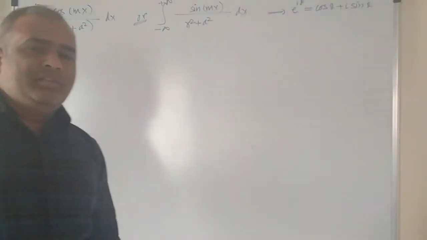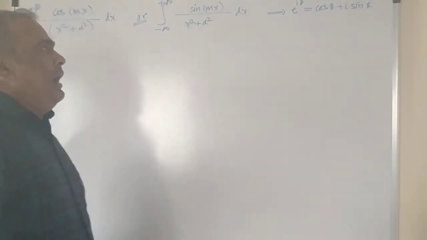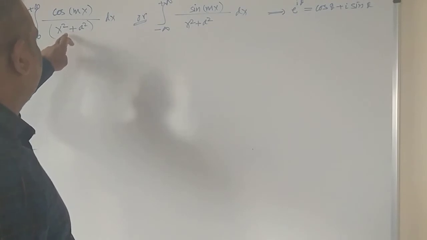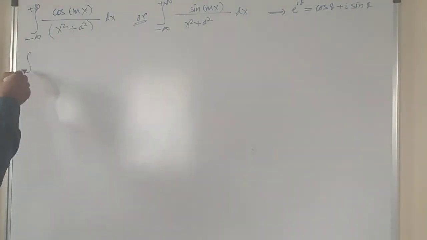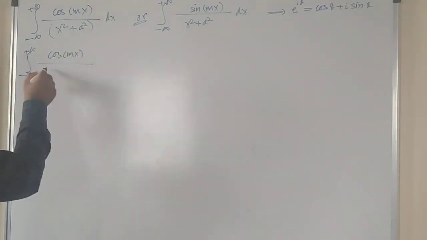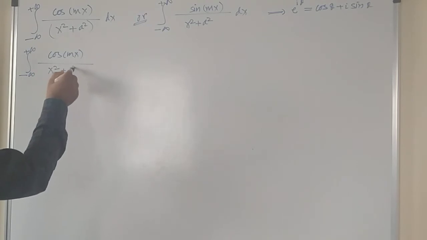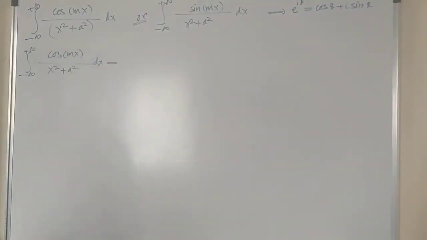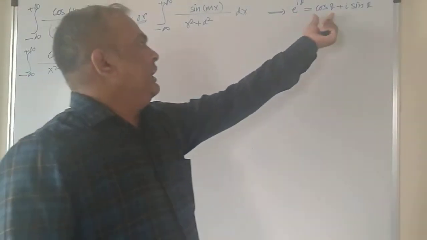This is a well known formula, and therefore for the integral from minus infinity to plus infinity of cos mx divided by x square plus a square dx, this kind of integral is called a real part.